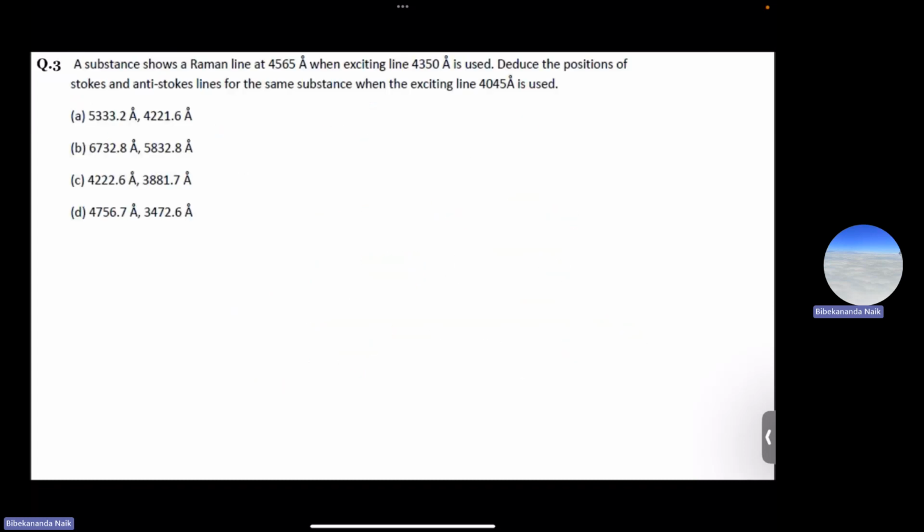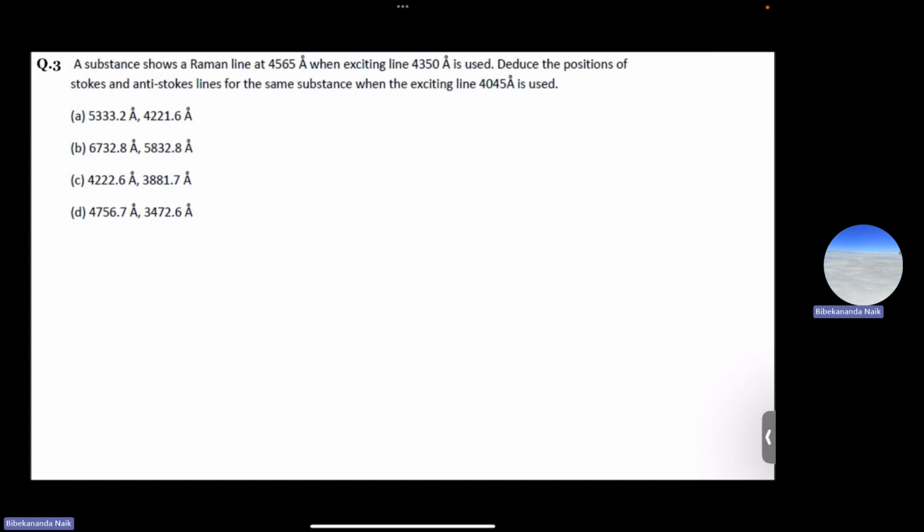Then, question number 3. The question says a substance shows a Raman line at 4,565 angstrom when excited with 4,350 angstrom.